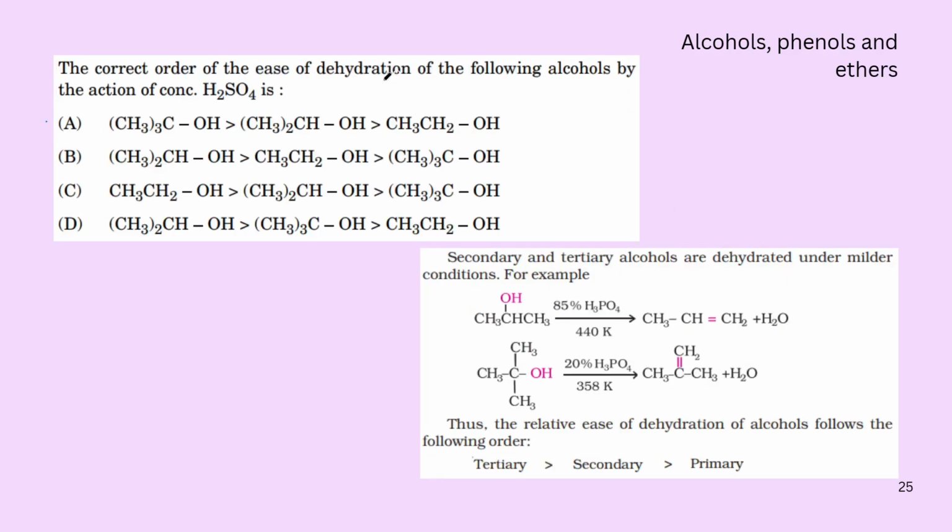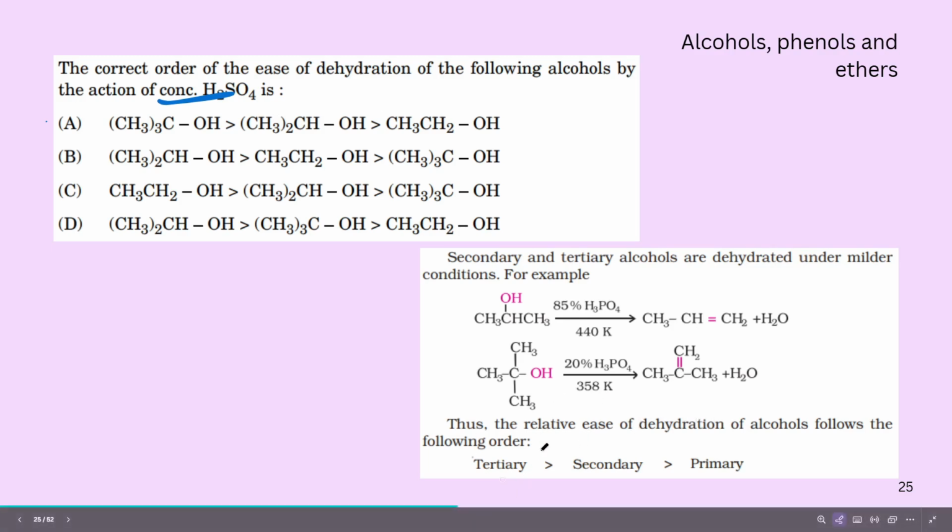The correct order of the ease of dehydration of the following alcohols by concentrated H2SO4. So we're using the same reagent for dehydration. Dehydration is basically the loss of a water molecule. Under the concept of dehydration in the chemical properties of alcohols, the relative order is tertiary, secondary, and primary.